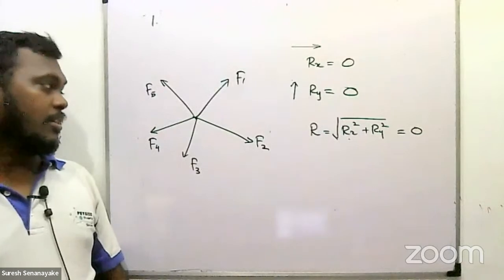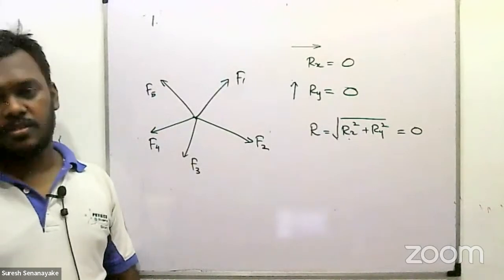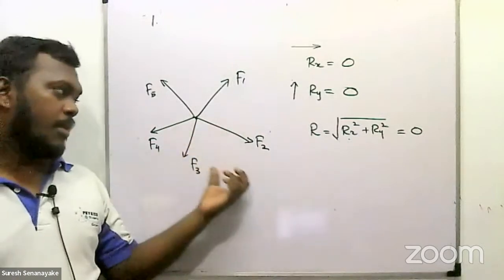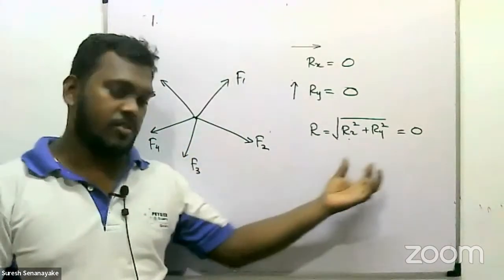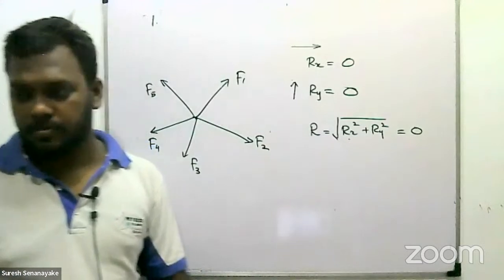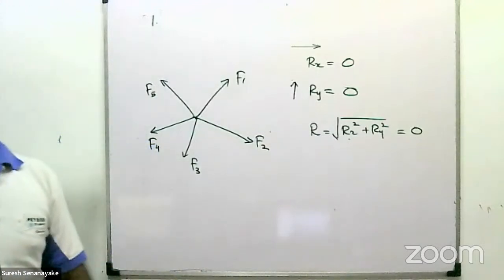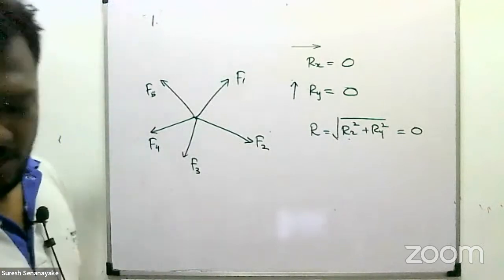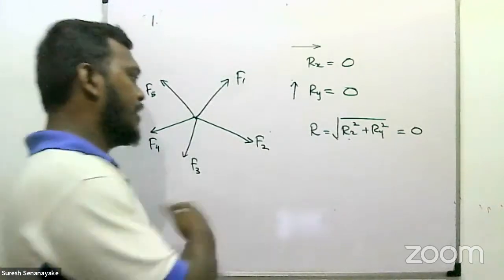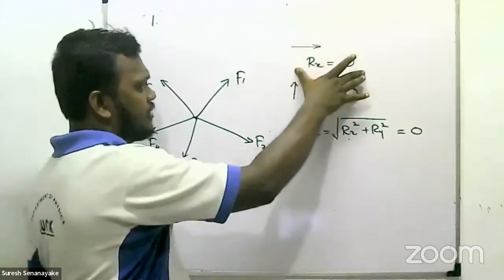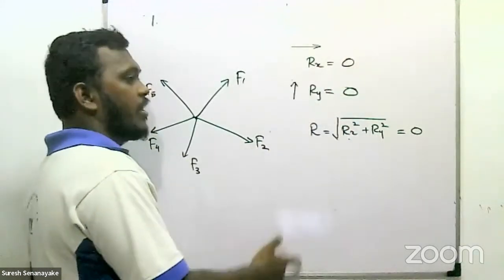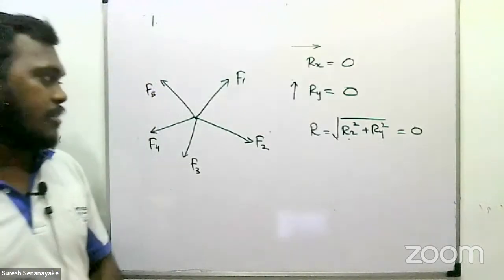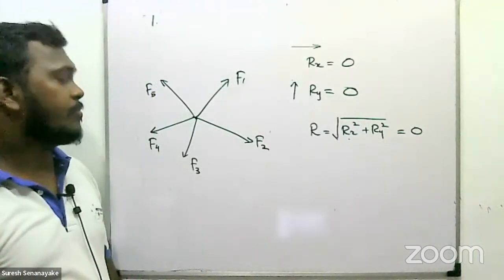And also, taking the moment about any point, that also equals 0. The algebraic sum of all the moments given by all the forces in this system also equals 0. Those are the three conditions. If in one direction the resultant is 0, then perpendicular to that direction the algebraic sum should also equal 0.